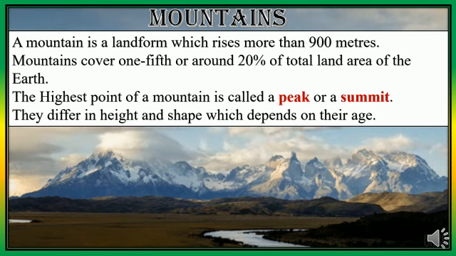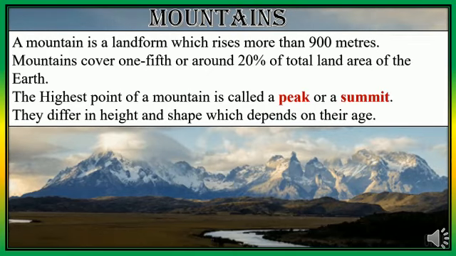Okay, what we have seen up till now, a mountain is a landform which rises more than 900 meters. They cover around 1/5 or around 20% of the total land area of the earth. That's why we see so many mountains around us. The highest point of a mountain is called, yes, peak or summit. They differ in height and shape as well, and this depends on their age.